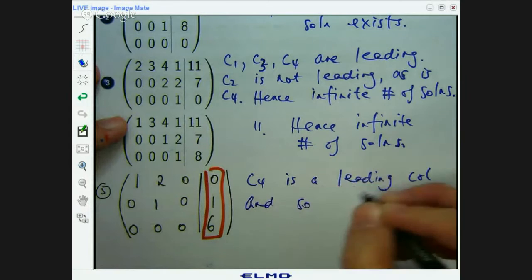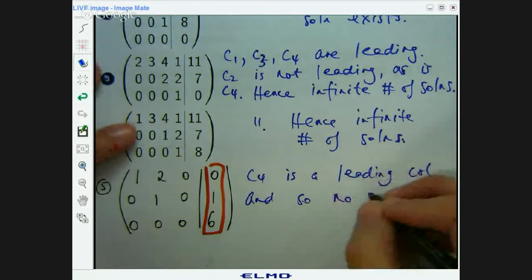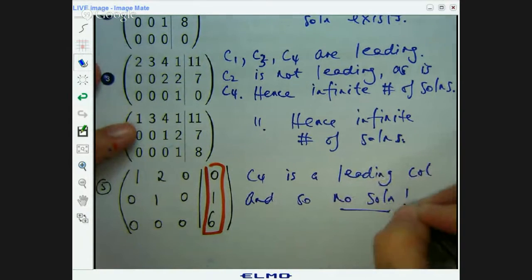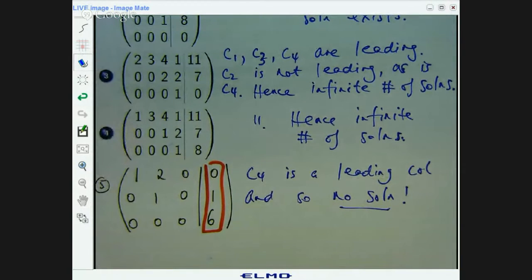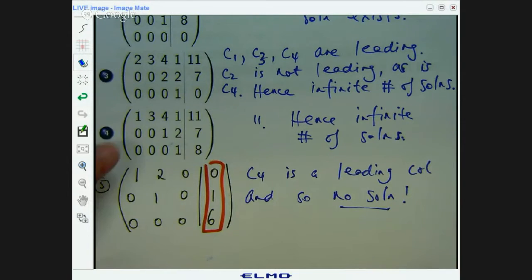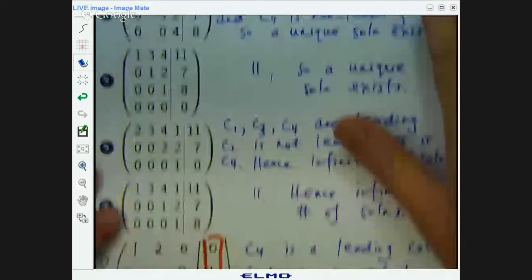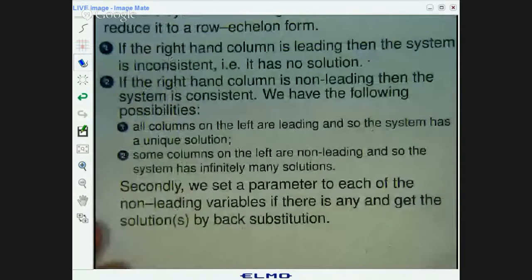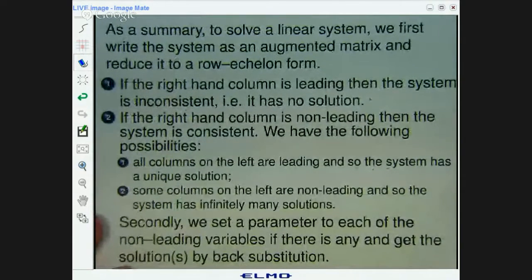What do we conclude? That there's no solution. Okay, and you can kind of verify that just by looking at the bottom row. It says 0x plus 0y plus 0z equals 6. So 0 equals 6. Obviously that can't happen. Okay, so I've gone through those. There, hopefully you get some idea of what is required there.